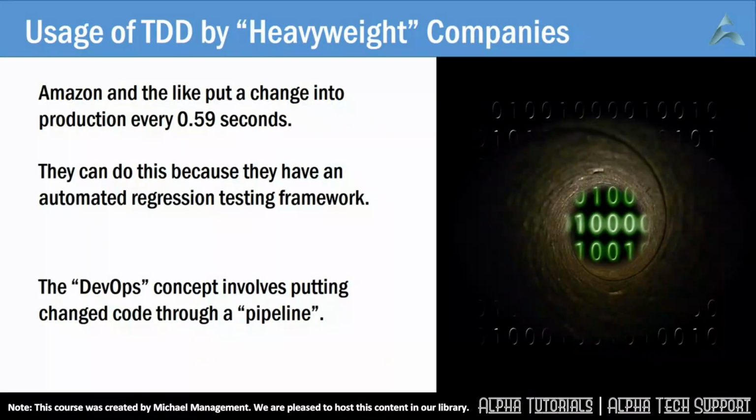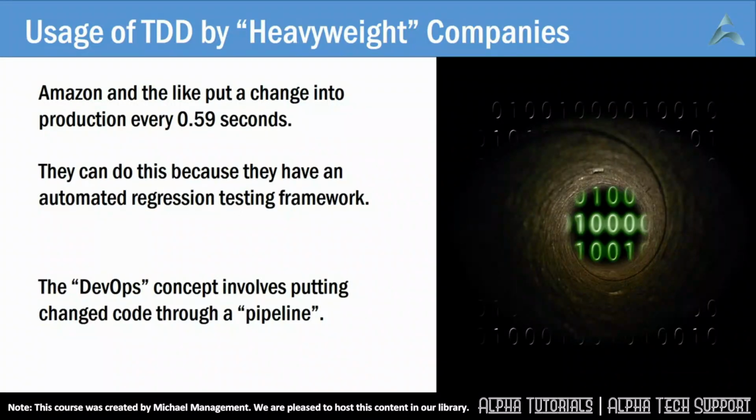The whole change process involves something called DevOps. This term means a different thing to every single person you ask, but the general idea is that after you change something, change your code, the changed code must go through a pipeline of checks before moving from development to test, say.